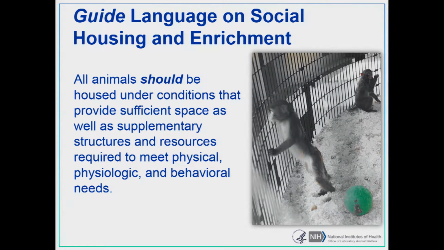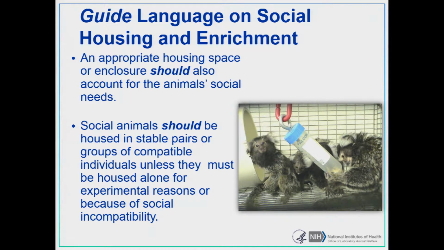The Guide starts off by saying that the best housing meets an animal's physical, physiologic, and behavioral needs. So that's how we want to start: making sure that what we're doing for those animals is meeting all of their needs, and in particular, that it's also accounting for their social needs. That's what we're starting from here.